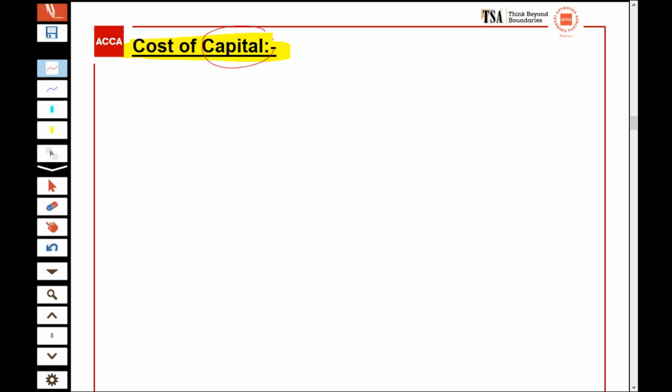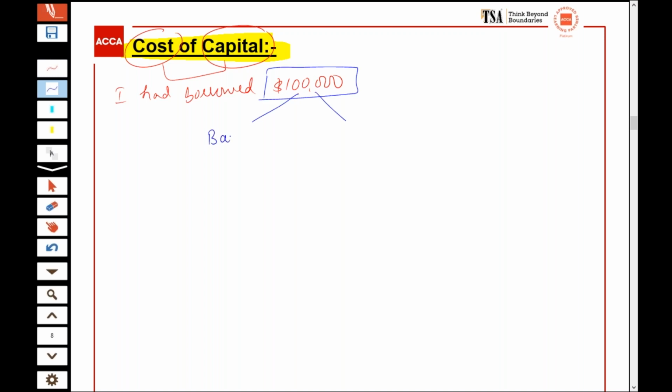Assume that I have got the cost of capital. What is the cost of capital? For example, I had borrowed $100,000 from a bank, that is, for example, 60,000, and I have to pay to the bank at 9%.